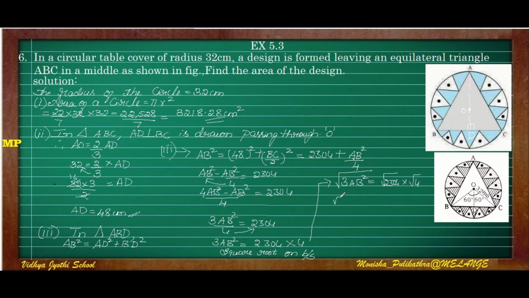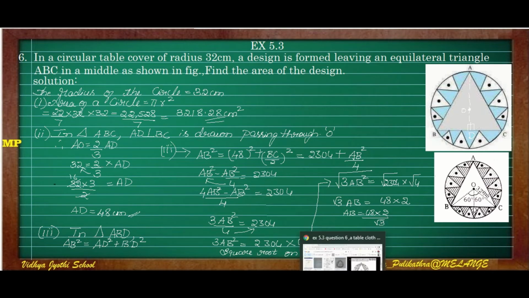So here root 3 will remain as it is. AB square and root get cancelled, so AB as it is. And 2304 can be taken as 48 square, because we know that 48 square is equal to 2304, and root of 4 is 2. So AB is equal to 48 into 2 divided by root 3.